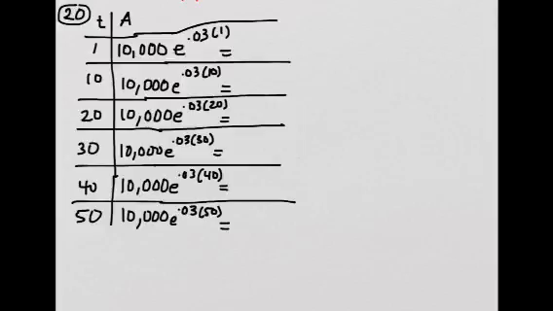So if it's 3%, it's going to be 0.03. Okay, and then in parentheses is the time, the time that you're going to be investing this money. So just plug it into a calculator. If you want, you could simplify this first before you plug it in, so that way it's less keystrokes when you put it in.